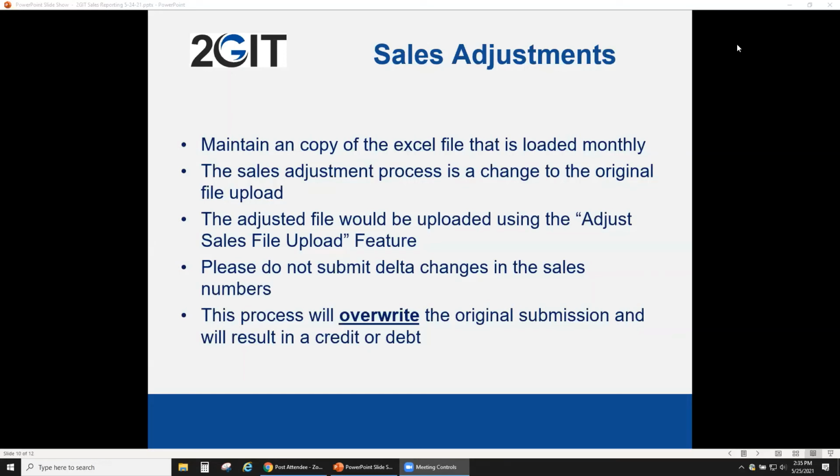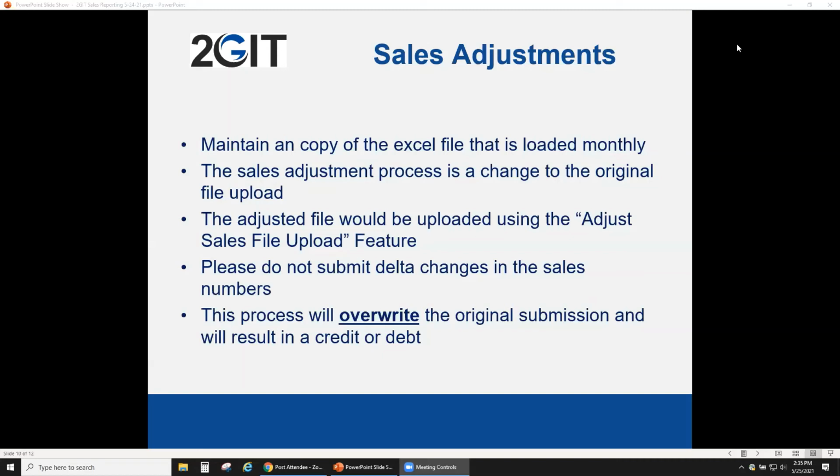When you do the adjust sales file upload to do that sales adjustment, don't add that $1,000 only. You're going to add what you originally had, which was your $100,000 plus that additional $1,000 into whatever line or row it might go into. So it is a complete overwrite of your original submission.